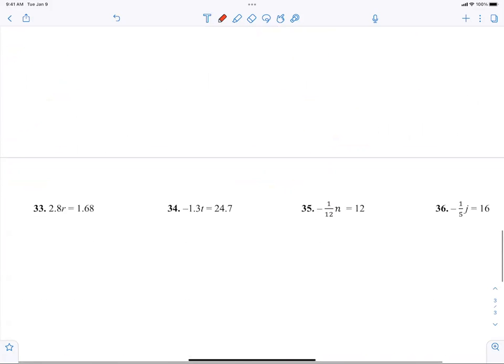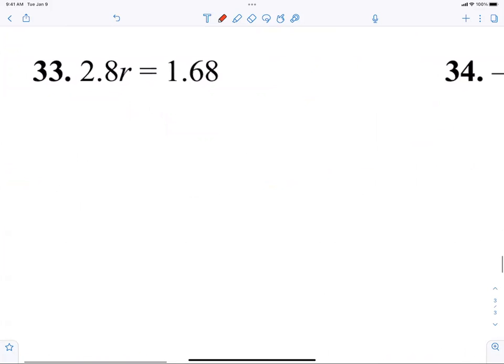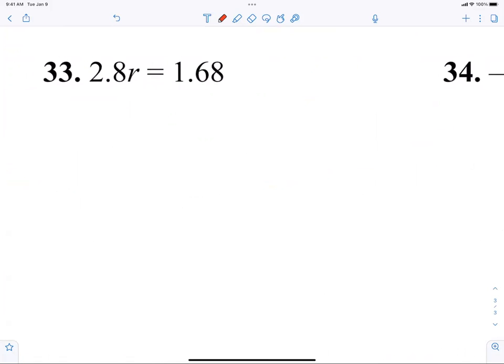All right, let's take a look at 33. Once again, I have to do what? Divide by 2.8. Now this one's kind of annoying. All right.